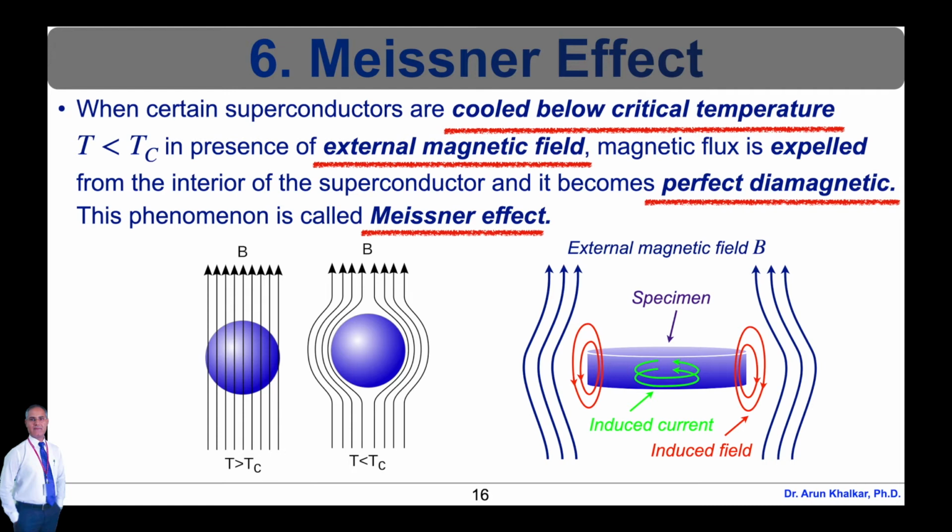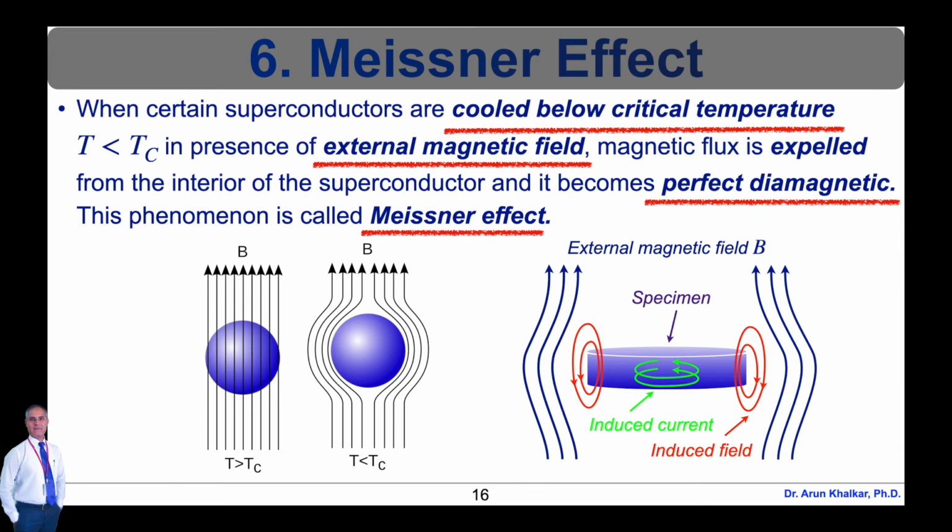The conditions at the normal state, that is temperature T greater than critical temperature Tc, and the superconducting state, that is T less than Tc, with external magnetic field B are shown in this diagram. External magnetic fields cannot penetrate a superconductor due to Meissner's effect.